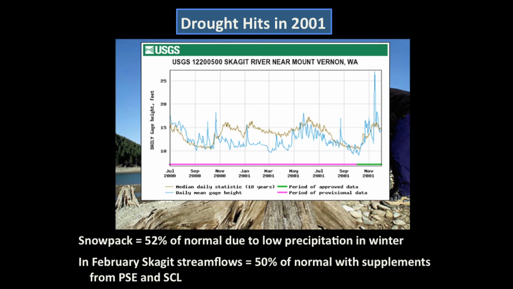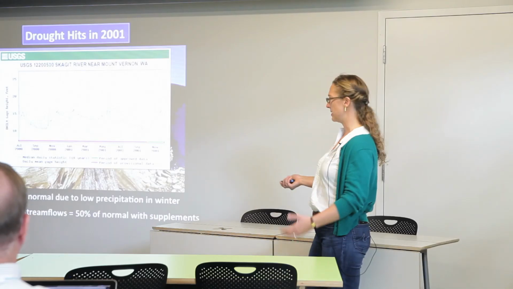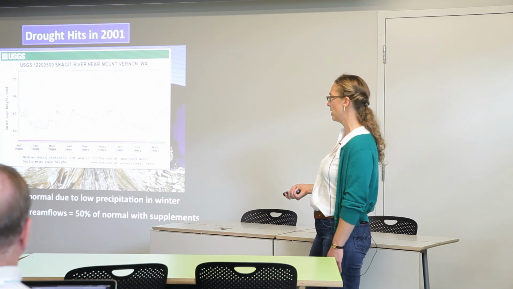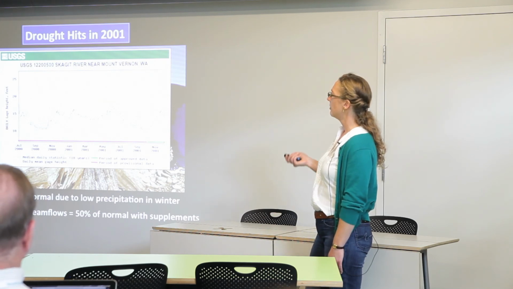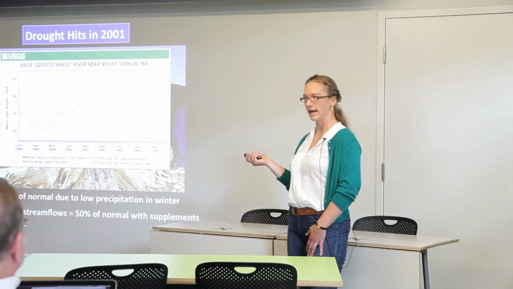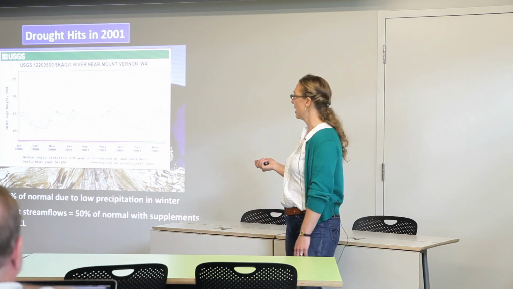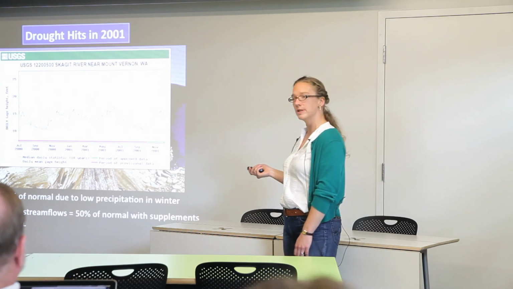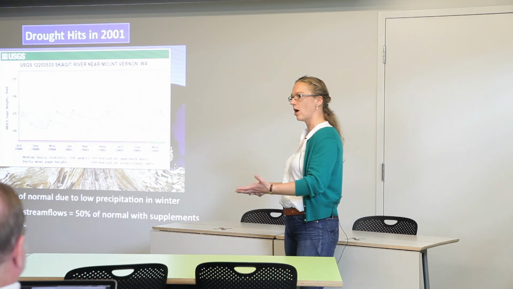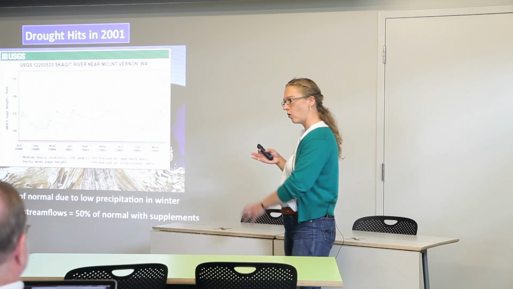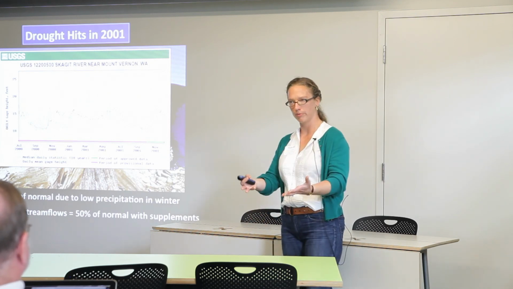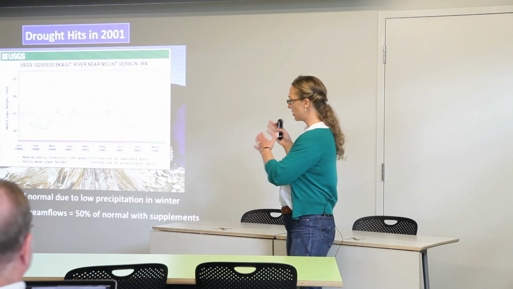So as you can see, we were way below what we normally expect because we didn't get the snowpack that we expected that year. It was 52% of normal. And so because Seattle City Light has several dams upstream, they were able to help the salmon along by releasing water from the lower part of the dam, the cold water, in order to help migrating salmon make their way upstream.